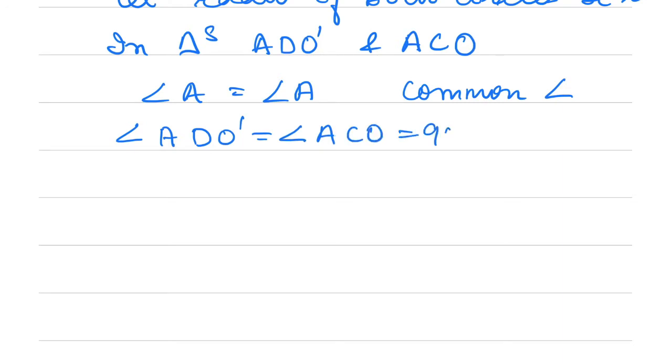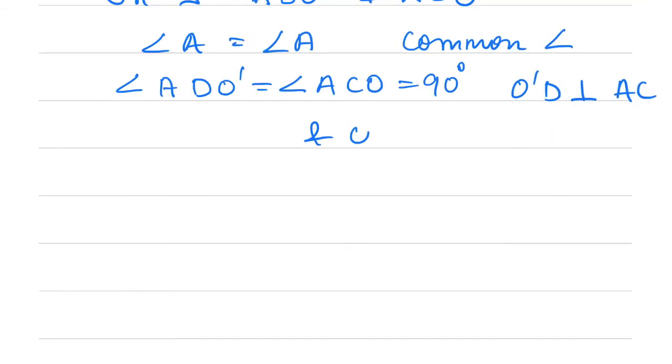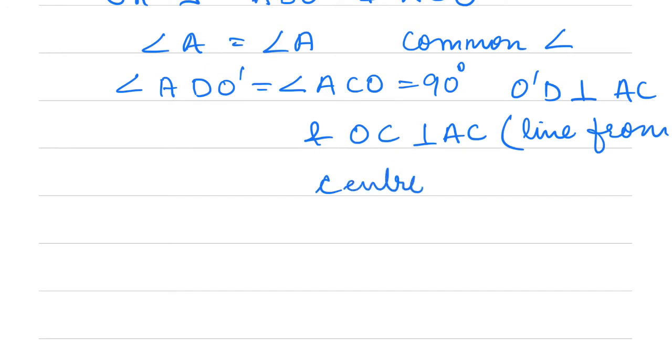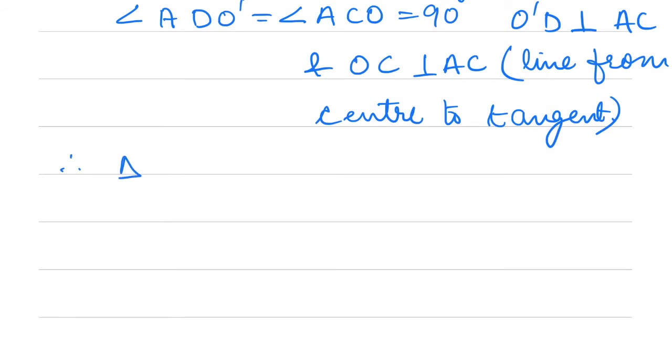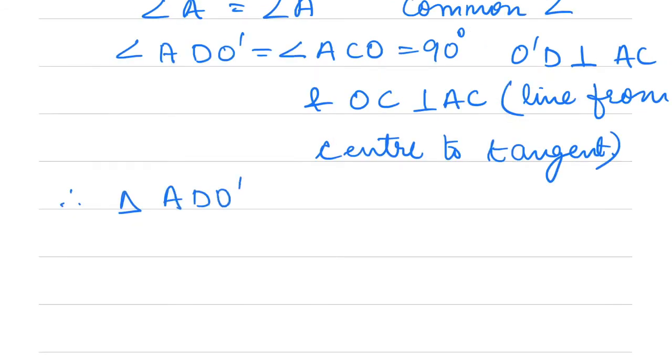Both are equal to 90 degrees, as O dash D is perpendicular to AC and OC is perpendicular to AC, line from center to tangent. Therefore, triangle ADO dash is similar to triangle ACO by AA property.